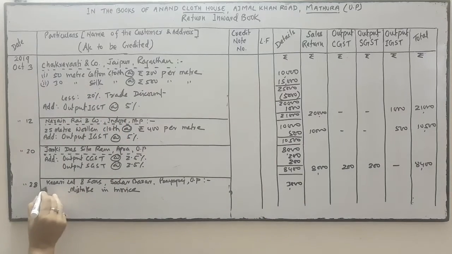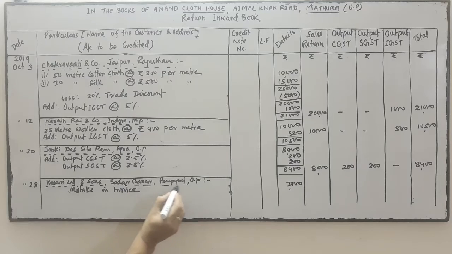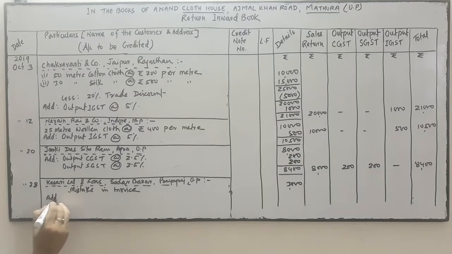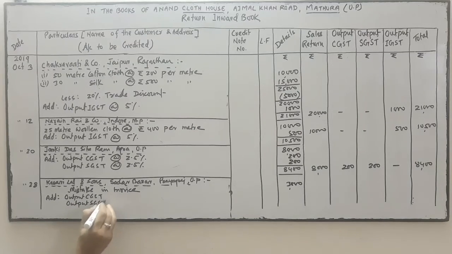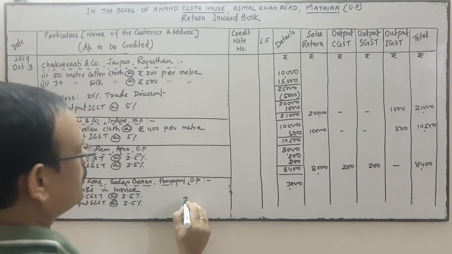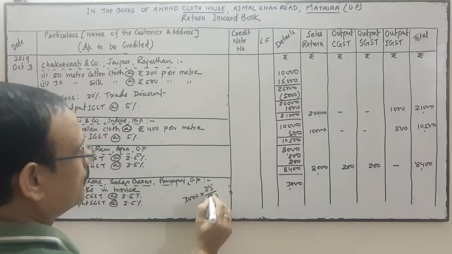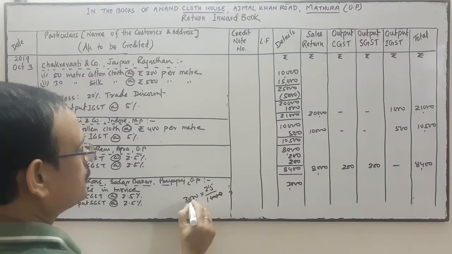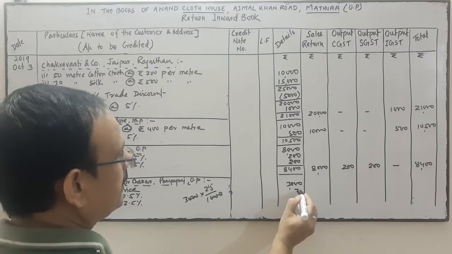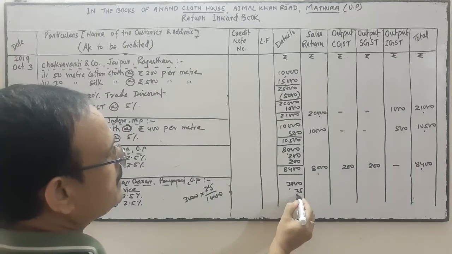As it is within the state, here we will add output CGST and output SGST at the rate of 2.5% and 2.5%. So 2.5% of 3,000 is 75 and 75.